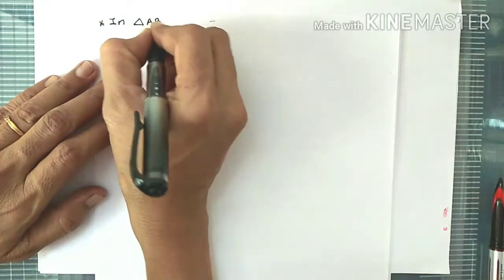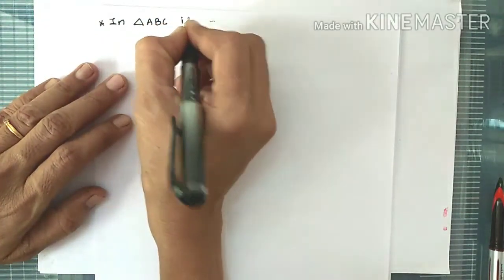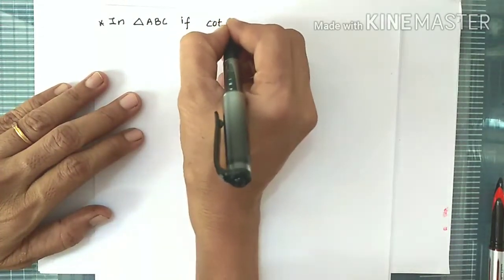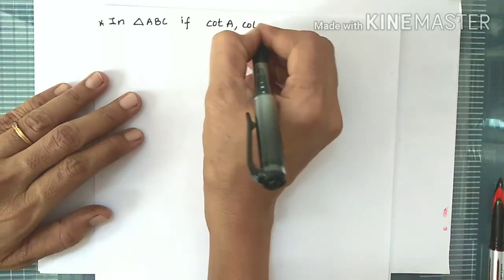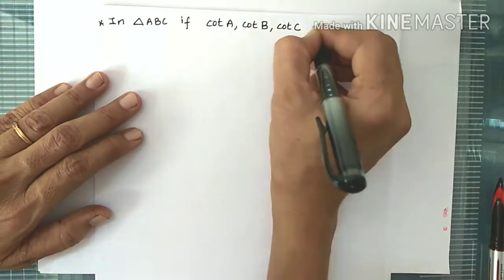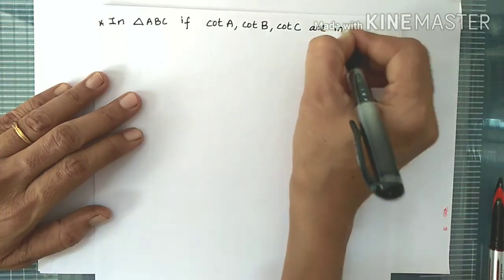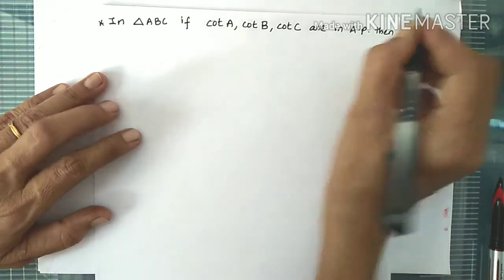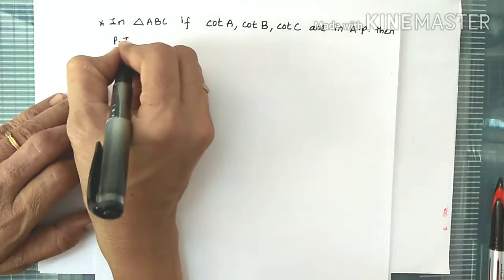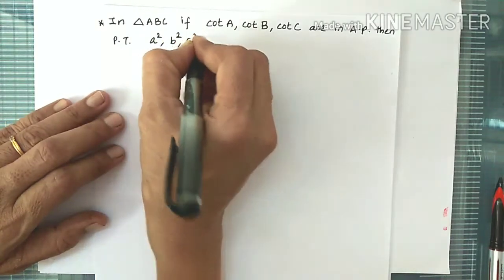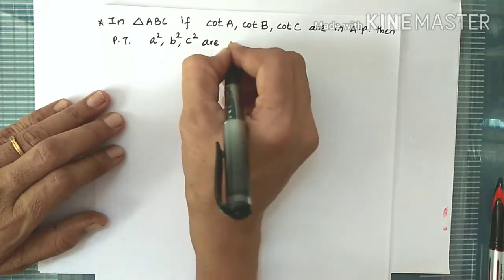In a triangle ABC, if chord A, chord B, chord C are in AP, then prove that A square, B square and C square are in AP.